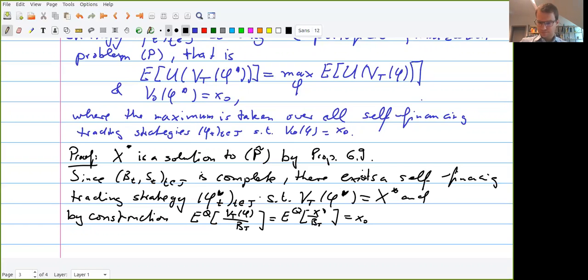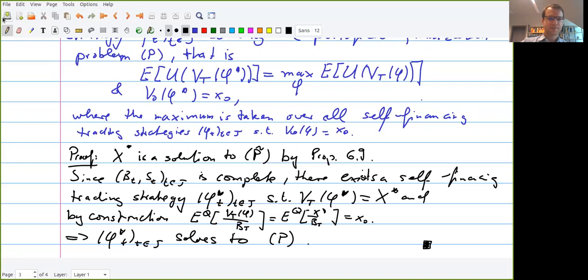Okay. Right. So as a conclusion here, this X star is a solution to P. Okay.